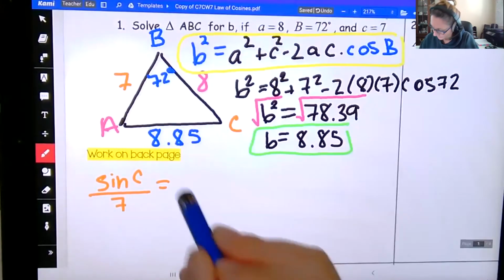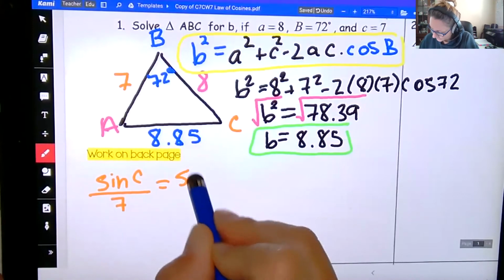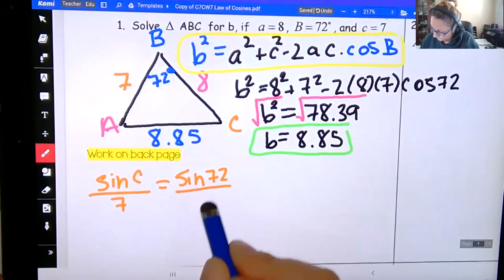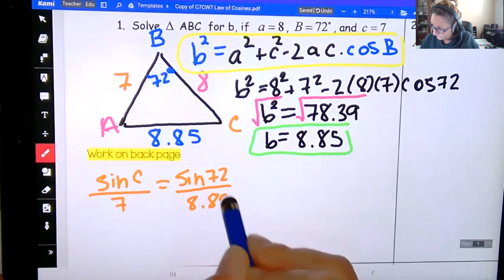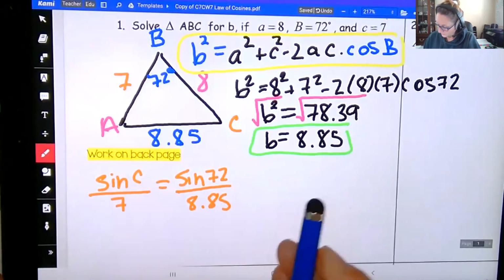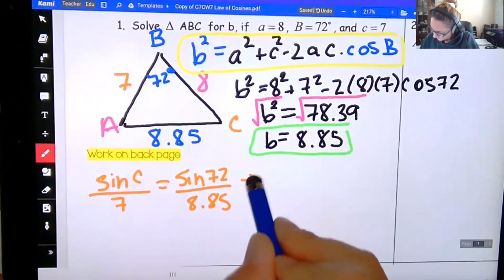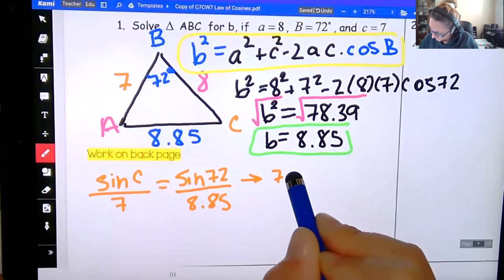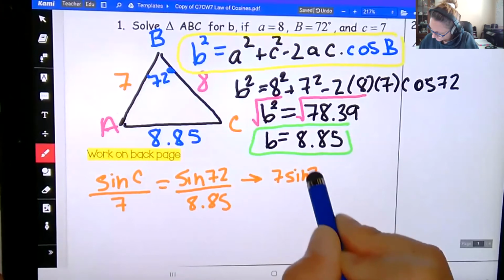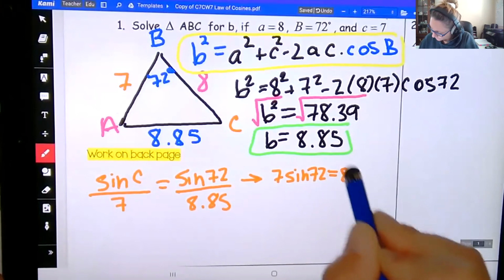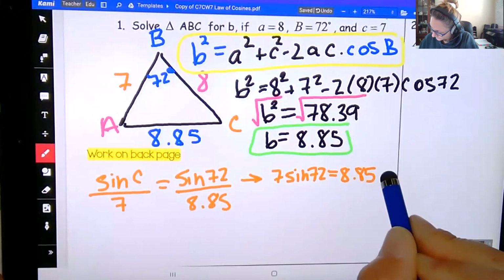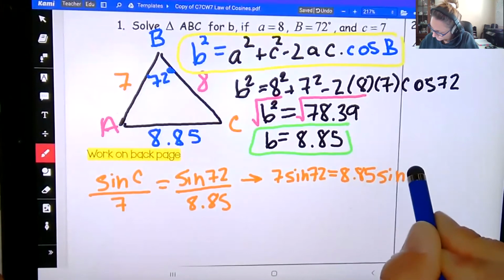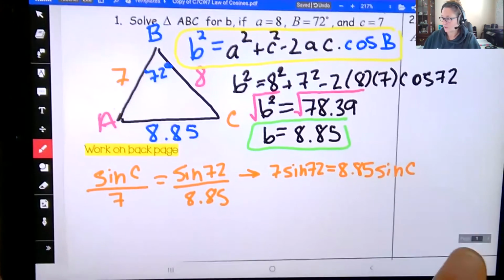I'm just going to use this one again: sine of 72 over 8.85. I'm going to cross multiply and solve. And so when I cross multiply that, I get 7 sine of 72 equals 8.85 sine of C. Okay, that's what I end up getting.